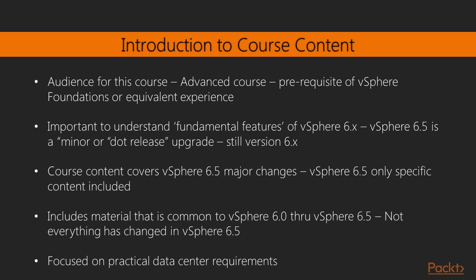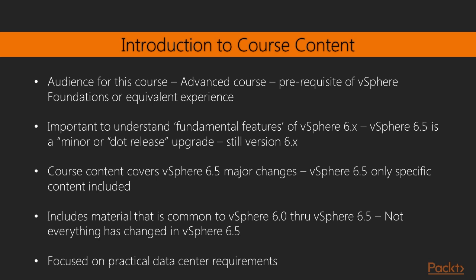A second important point to understand is that vSphere 6.5 is a minor or a dot release upgrade, but it is still version 6.x. When vSphere was released, it was version 6.0. There were some updates, up to vSphere 6.0 update 2, and then vSphere 6.5 was released in late October of 2016.